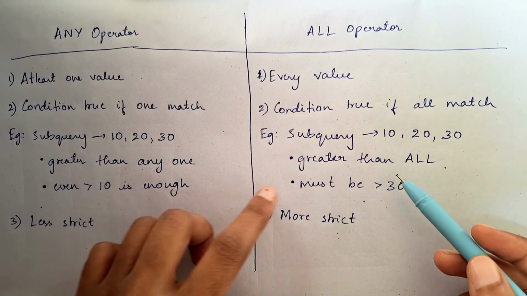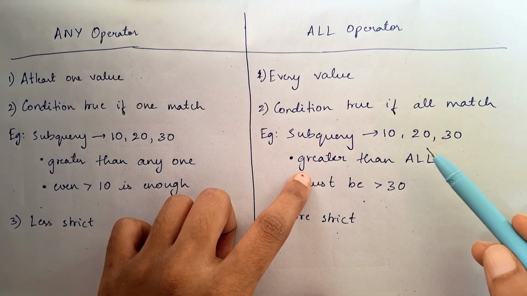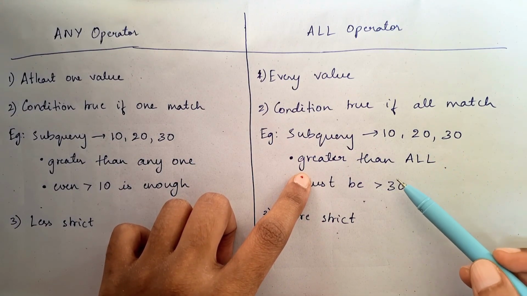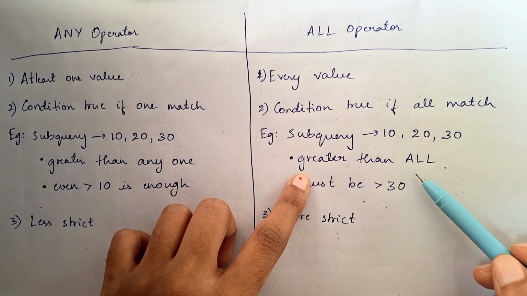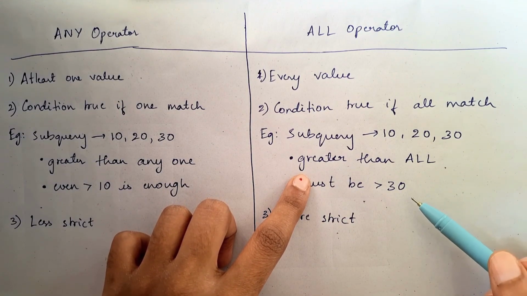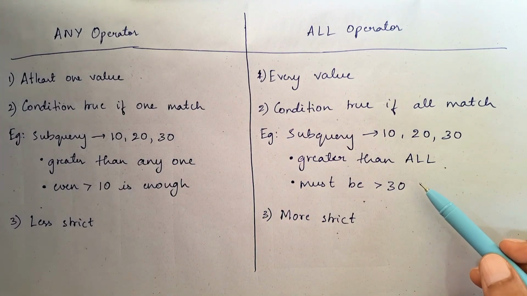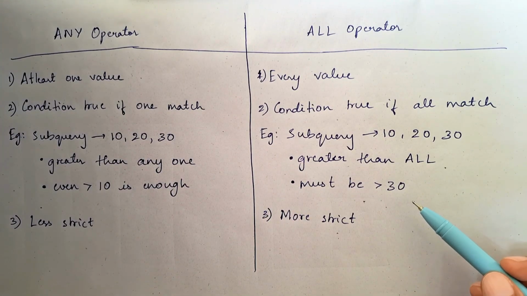But if we write for the same subquery which returns 10, 20 and 30, salary greater than all and inside the bracket subquery, that means salary should be greater than 10, 20 and 30. So it must be greater than 30, which is the highest value.